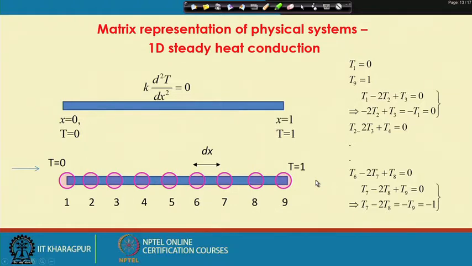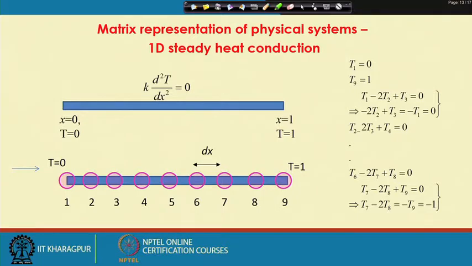You can remember that this particular technique of analysis we discussed long back when we were discussing how to convert a physical system into a matrix equation, and what are the easy methods to solve that system of equations.